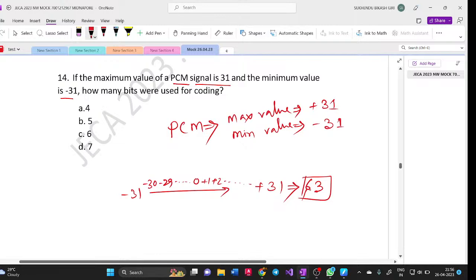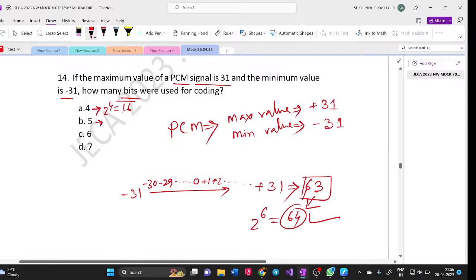For 63 values covered, how many bits are required? We need 2 to the power 6, which equals 64. So under 64 we can cover 63 values. If we take 4 bits, then how many values can we cover? 2 to the power 4, that is 16.